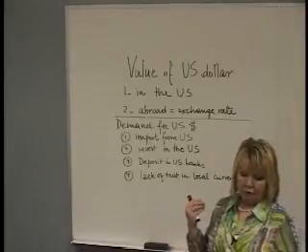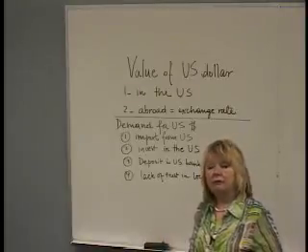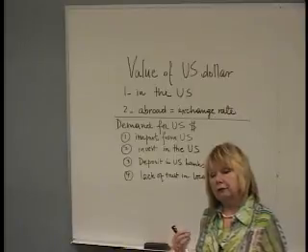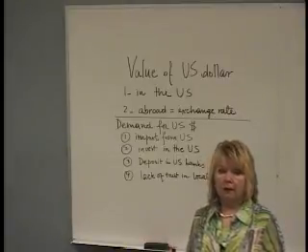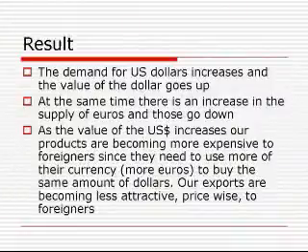Then there's going to be an increased demand for US dollars, and the value of the dollar is going to be going up. So as the demand for dollars increases, the supply of euros is going to be going up because they're exchanging one for the other. And as the value of the dollar goes up, our products are becoming more expensive because they will need more euros to purchase the same product.